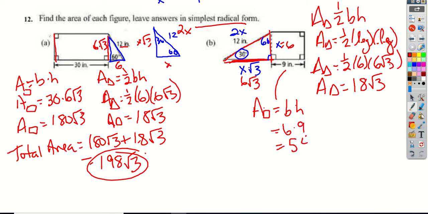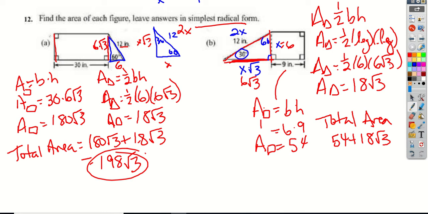And so this is 54. And so my total area is 54 plus 18 radical 3. Now, because this does not have a radical on it, I cannot add these together. Okay, they're not like terms. All right, so this is my final answer.